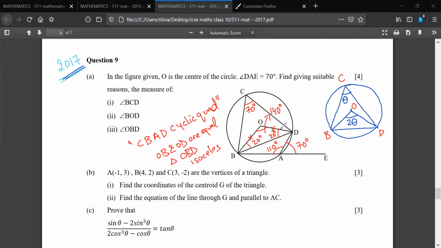Any doubt? No, sir. So BCD would be 70 degree. BOD would be 140 degree. OBD would be 20 degree. Mr. Rudra, any doubt? No, sir. Okay.